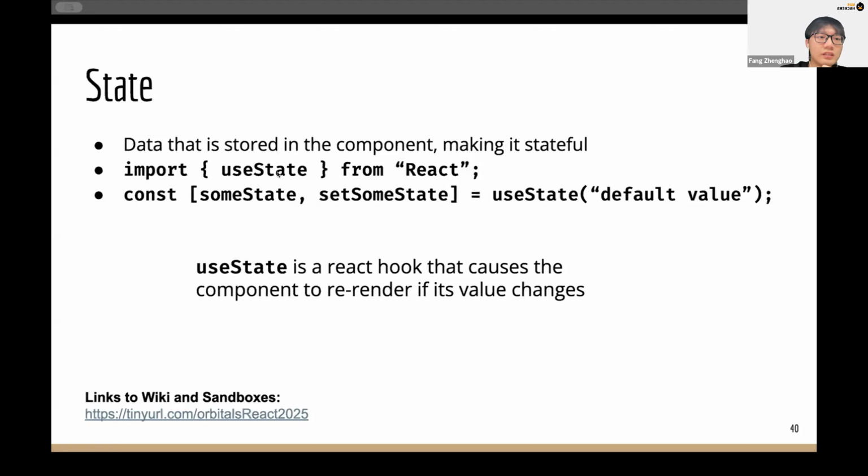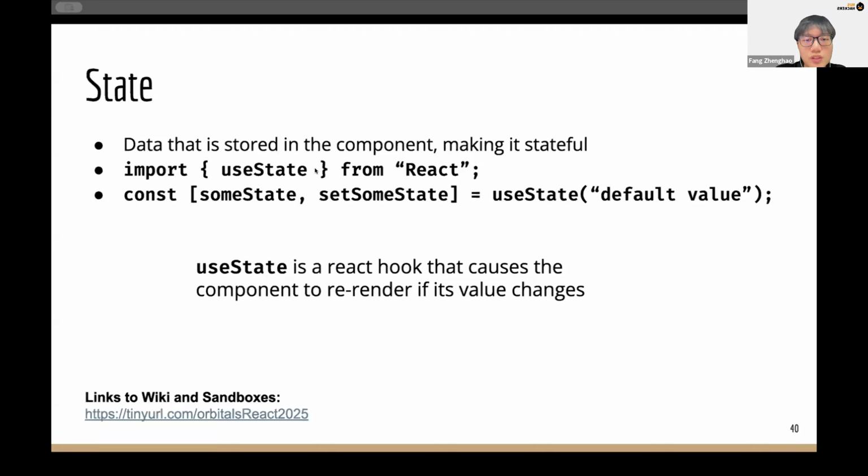So how I remember using state is that when you're trying to code it out from a pure blank file, the first thing you have to do is import useState from React. After that you'll see this very weird syntax, which is like declaring a JavaScript or TypeScript array, and you will see some state and set some state.